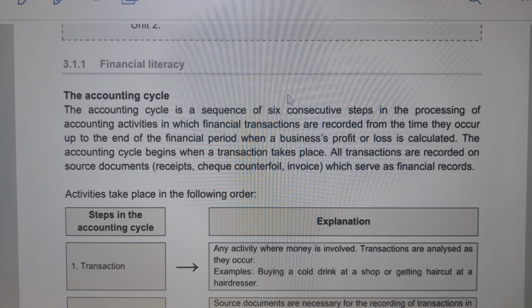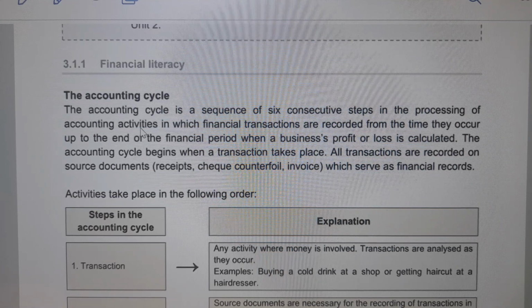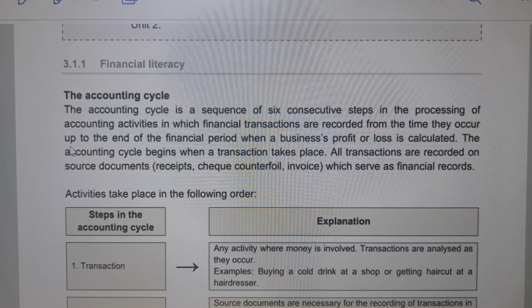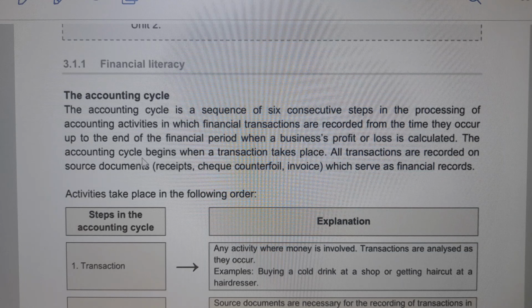So you must know that it has 6 steps in the processing of accounting activities in which financial transactions are recorded from the time they occur up to the end of the financial period, when the business's profit or loss is calculated. The accounting cycle begins when a transaction takes place.